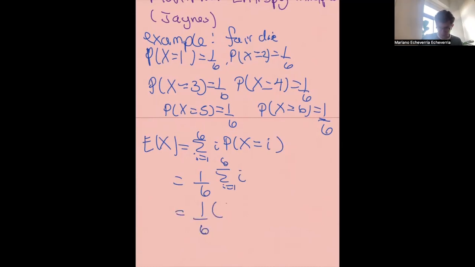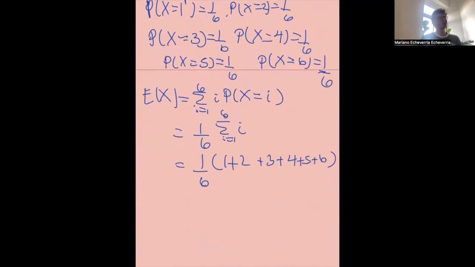So this is 1/6 of 1 plus 2 plus 3 plus 4 plus 5 plus 6. What's the number, by the way? That's 3.5, right? So the average, if you throw a fair die multiple times, should be 3.5, the expected value. Is that making sense?